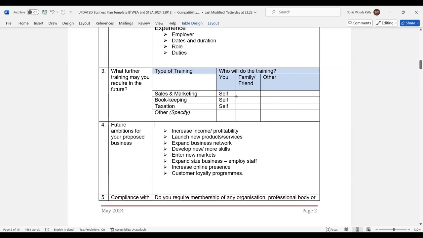This is a really important area because it's really important as a new business owner for the public or your potential customers to be aware of your business and also the products and services you offer.